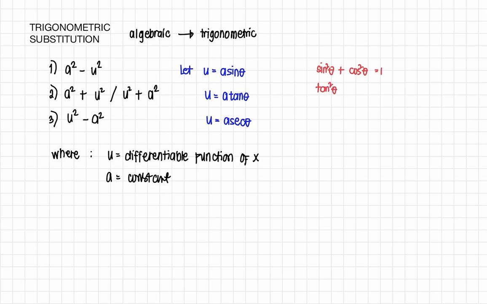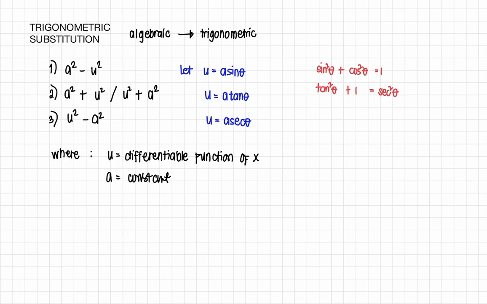Tangent squared theta plus 1 equals secant squared theta. And cotangent, it's only up to tangent. No more cot.